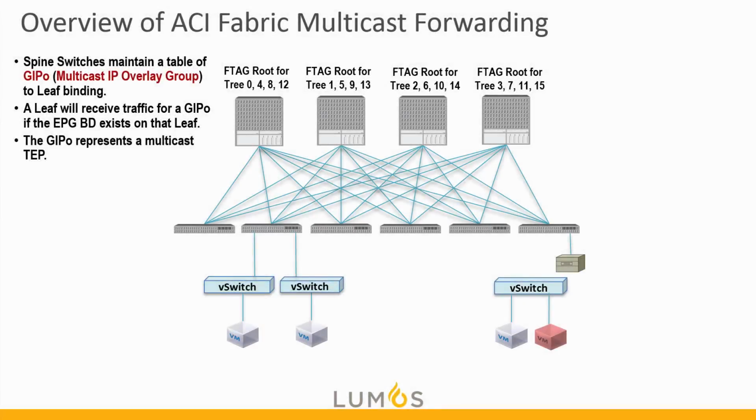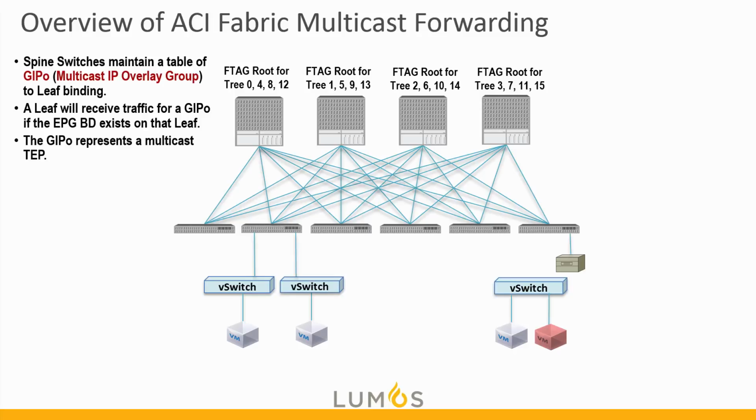So taking a look at ACI multicast fabric forwarding, we talked about the fact that we might have multiple tenants, and they might be using the same IP address range, VLAN or VXLAN range, MAC addresses, but they also might be using the same multicast group IDs. Okay?